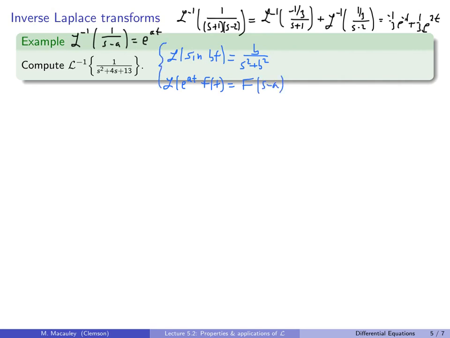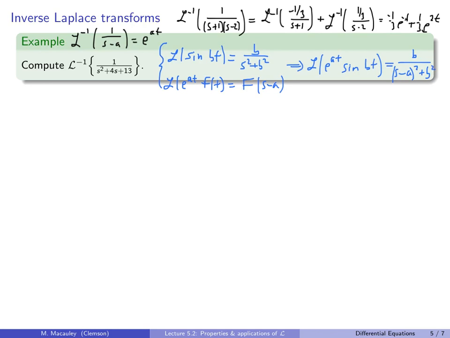So these two things together imply that the Laplace transform of e to the at times sine of bt equals b over s minus a squared plus b squared.